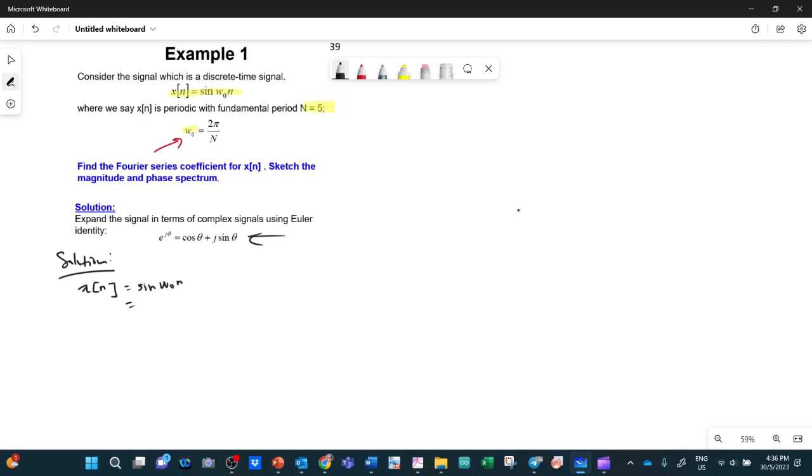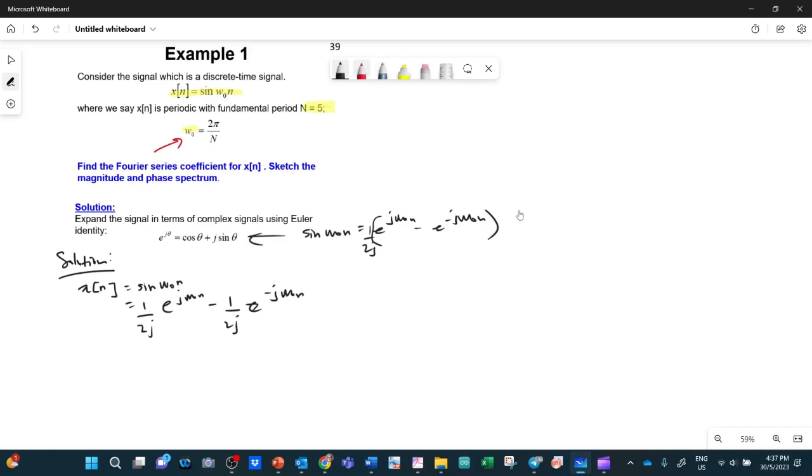Sine omega n is equal to 1 over 2j, e^(j omega n) minus e^(-j omega n). So you expand it, you can write it as 1 over 2j e^(j omega n) minus 1 over 2j e^(-j omega n).